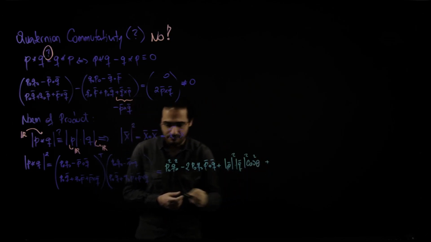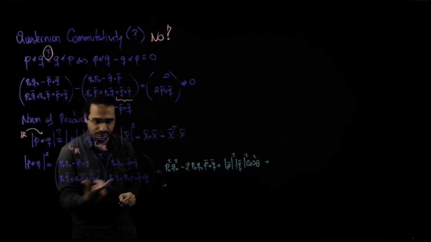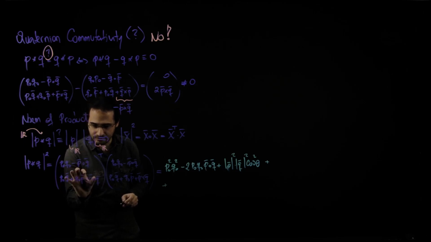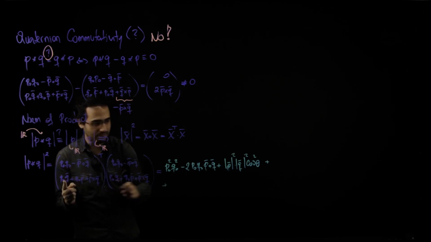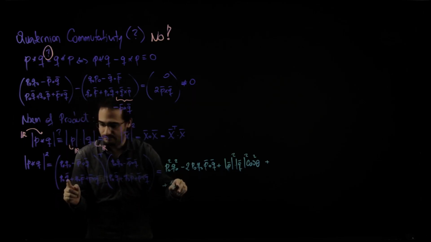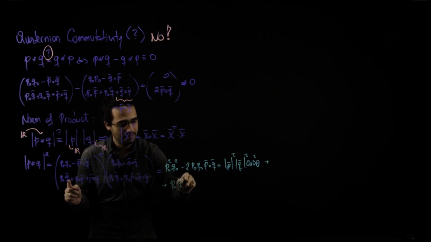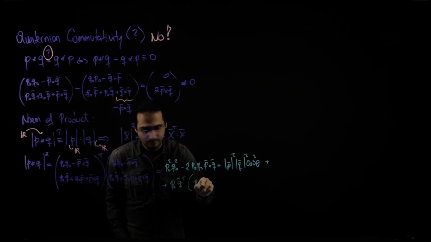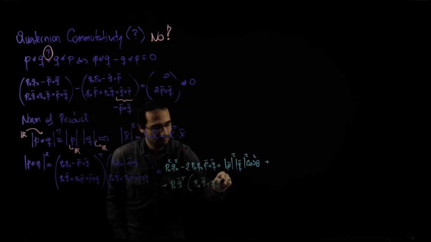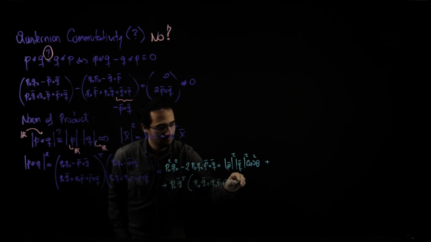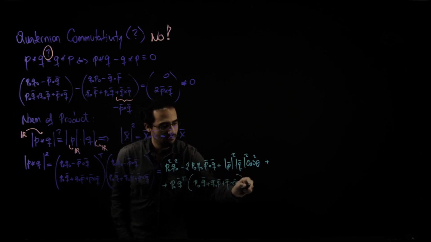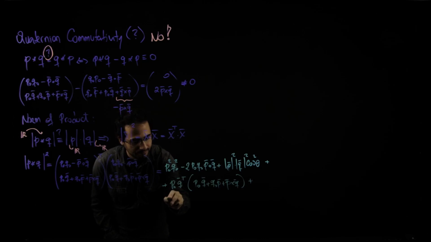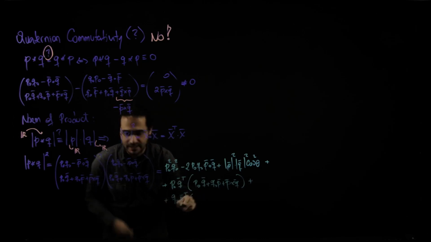And now we go and we compute those other guys. So it's the transpose of this times that. So I'll do the transpose of the first. Q transpose times all of that. Second term, transpose times all of that.